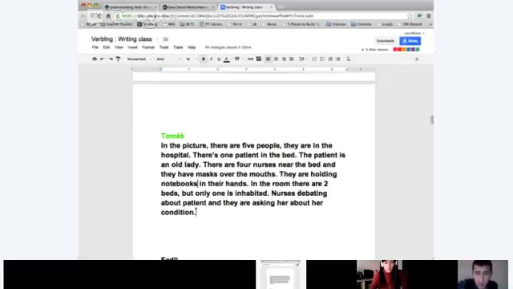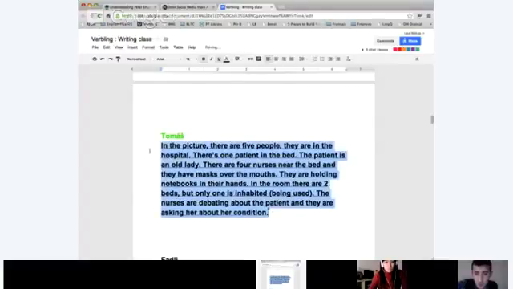In the room there are 2 beds, but only one is inhabited. You could also say only one is being used. I would say the nurses are debating about the patient and they are asking her about her condition. Okay, good. Thanks.